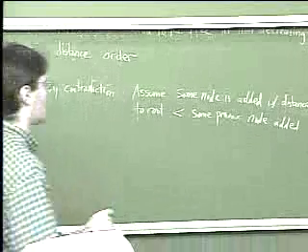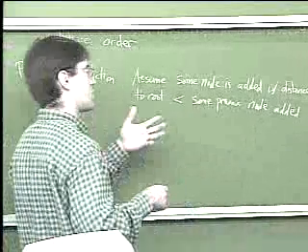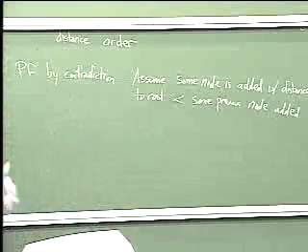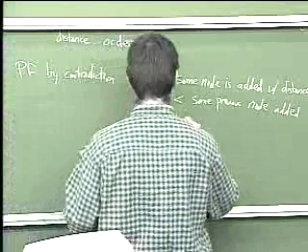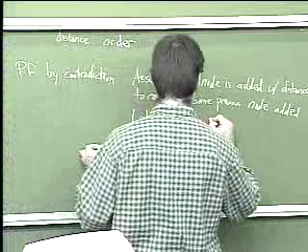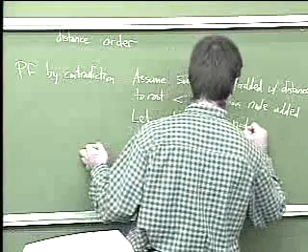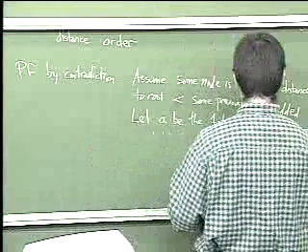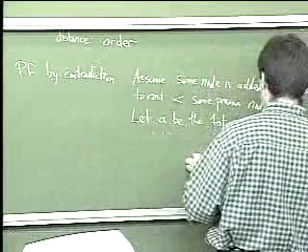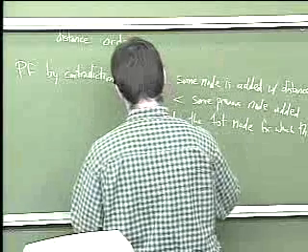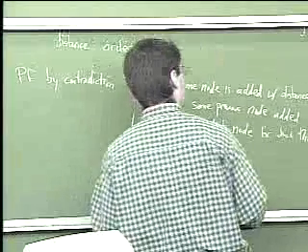Obviously, if this happens, it happens first for some node. So let A be the first node for which this happens. Okay, so let me try and draw a picture.